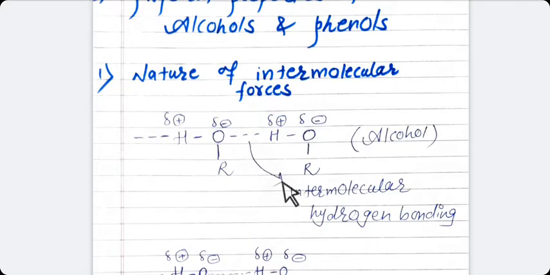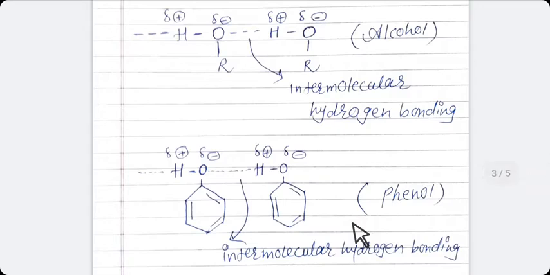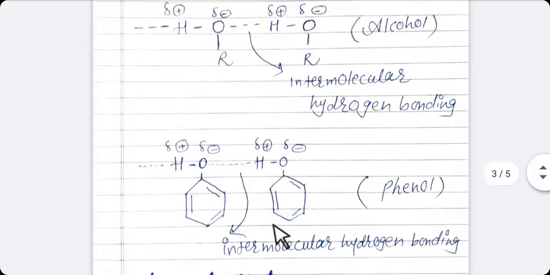All of you know what is hydrogen bonding. When hydrogen atom is attached with a strongly electronegative atom, it forms hydrogen bonding. It is clearly seen in this example that hydrogen atom is attached with the oxygen, and as all of you know, oxygen is a strongly electronegative atom, so hydrogen atom forms intermolecular hydrogen bonding.